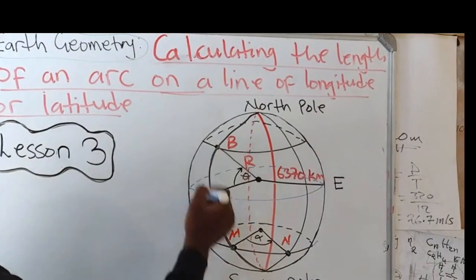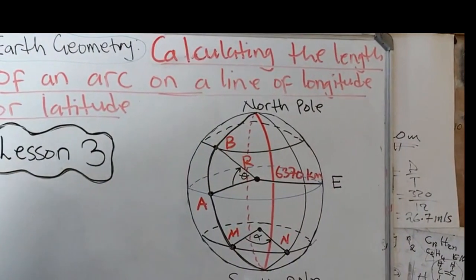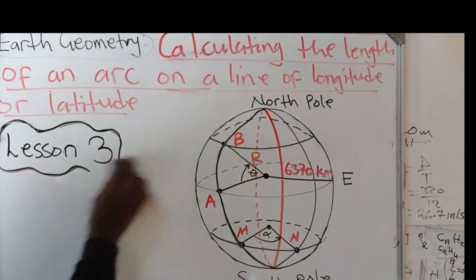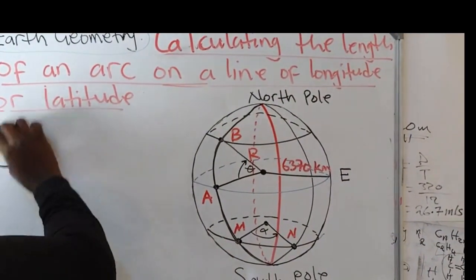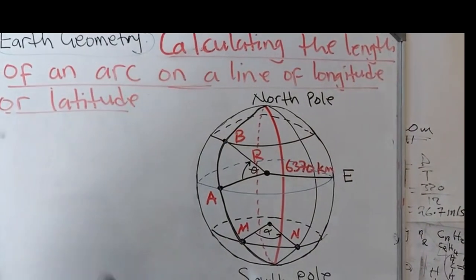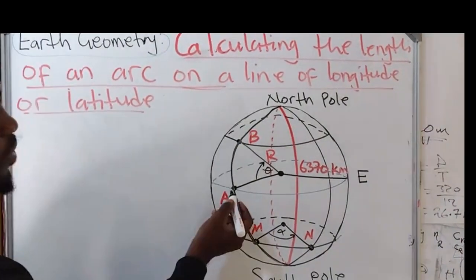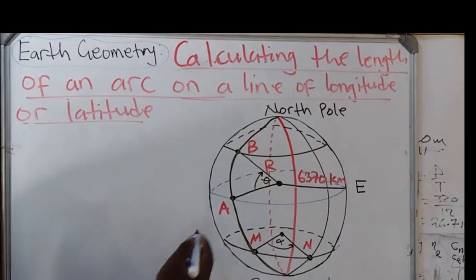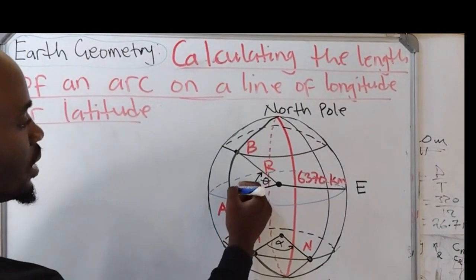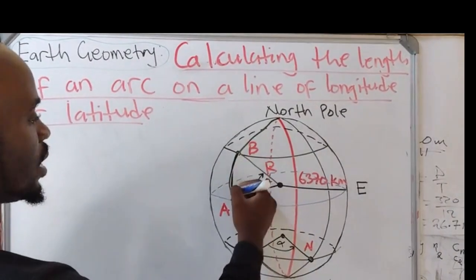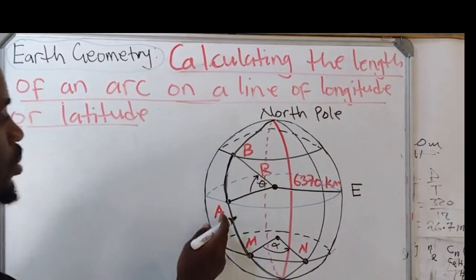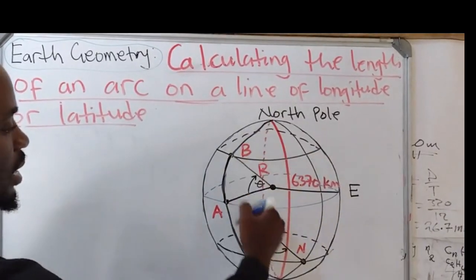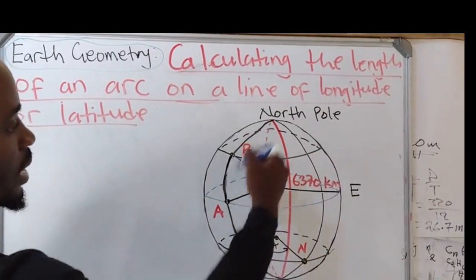I'll start with the first points on top, A and B. In short, I'm talking about the distance from A to B. When you look at points A and B, they are lying on the same longitude, which is a great circle.